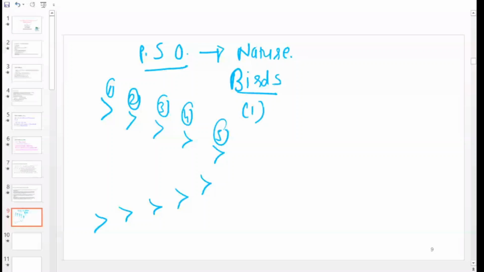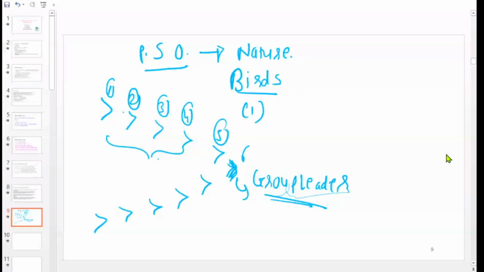You must have observed that there is one bird which is ahead of all the birds, right? So this is a group leader. It leads the whole group of birds, right?